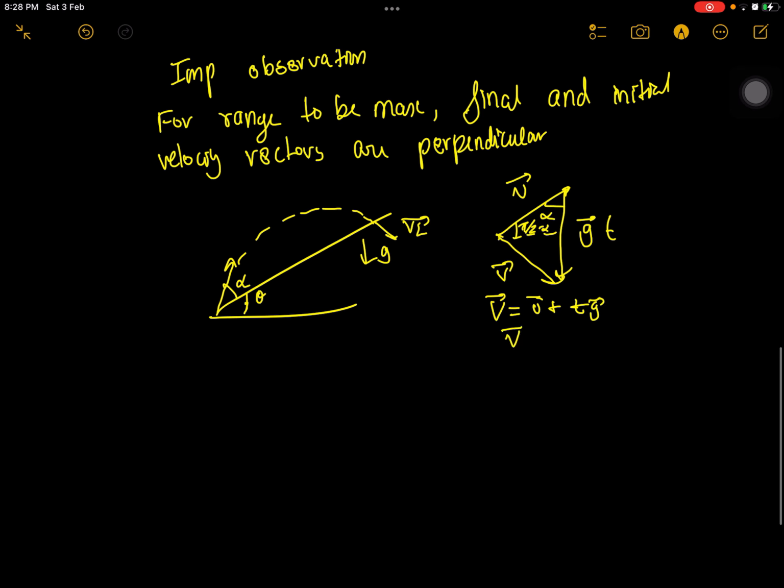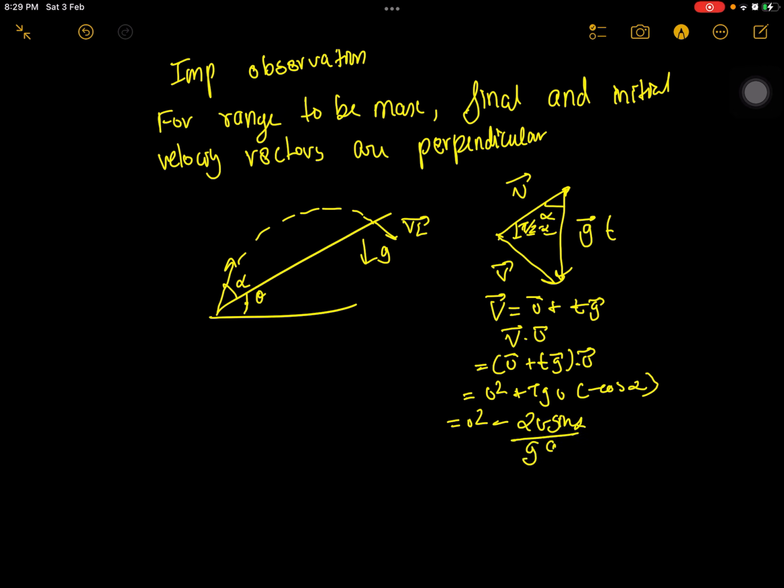Now if you do v dot u, you get u square plus tg dot u, which is u square minus 2 u sine alpha g cos theta, g u cos alpha.